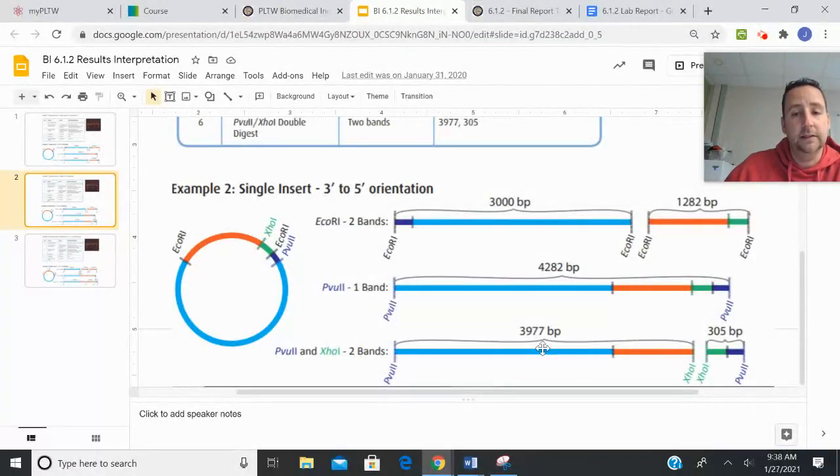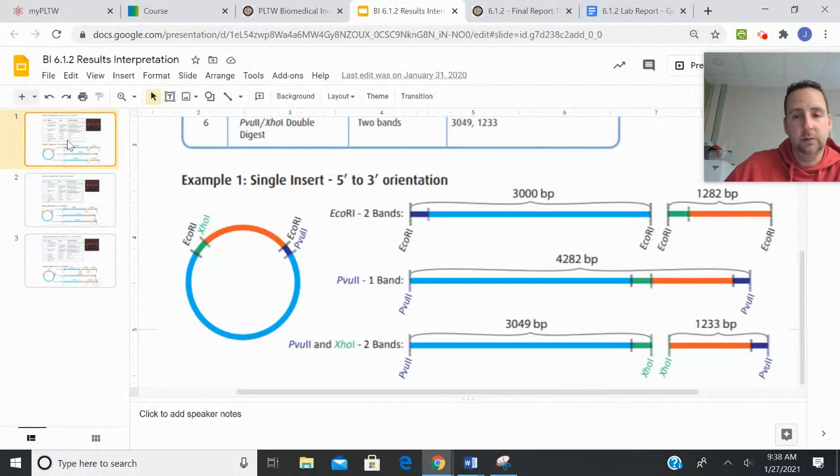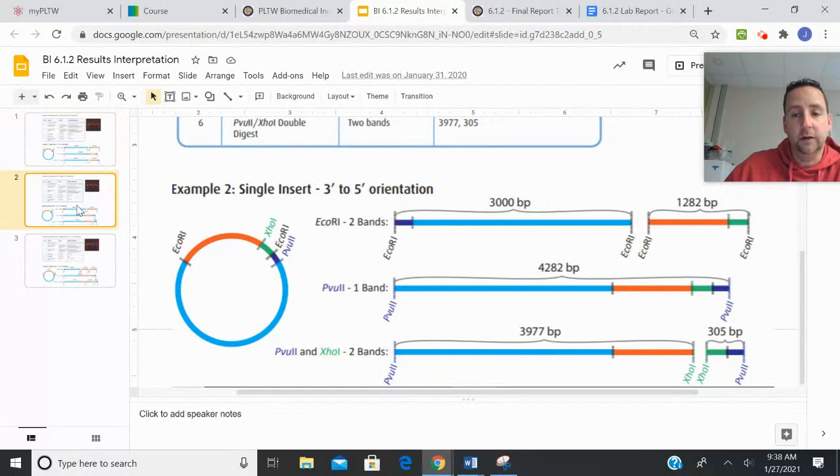And so that's why it's 3977, a much longer fragment than we have here. So you see the longer fragment is longer in a 3 to 5 orientation. So that's how you can tell that you have it backwards, because of the fragments.